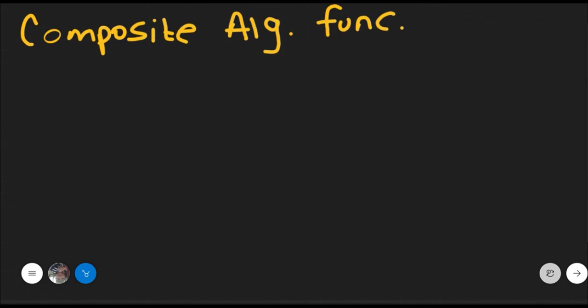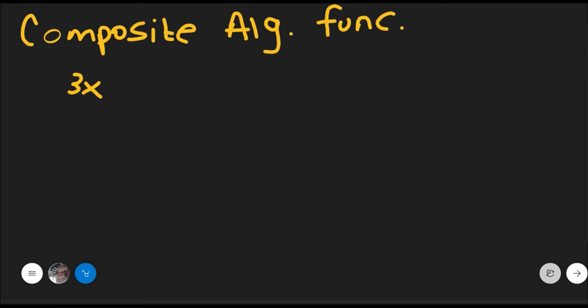So let's take an example. Let's say I have an x and then I multiply any number to this x. Let's say I multiply a 3 to it. It becomes 3x. But this again is a simple algebraic function.